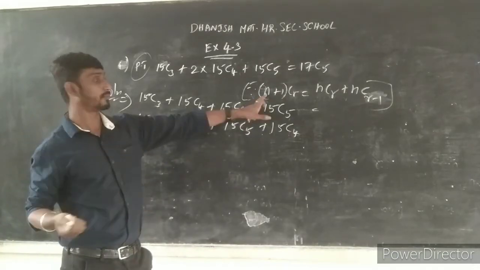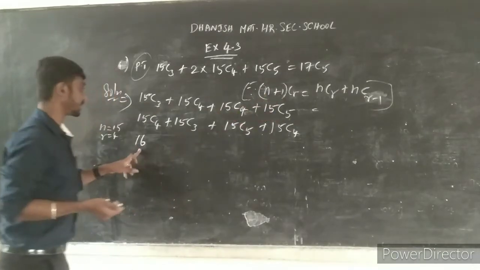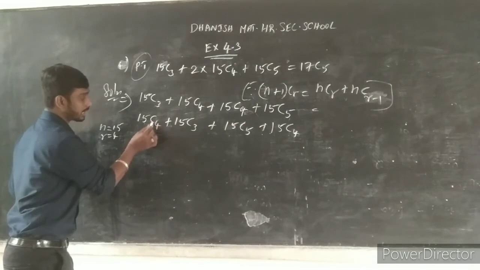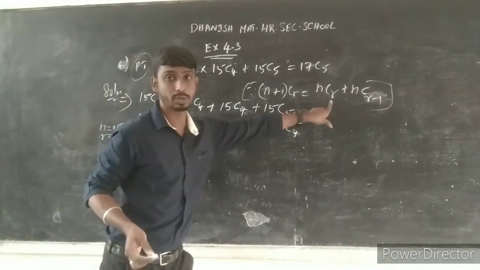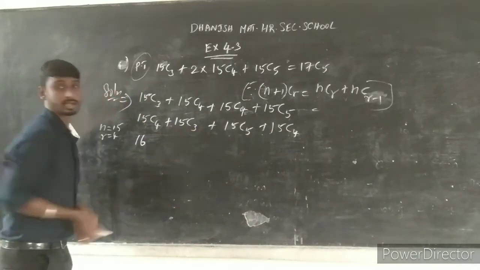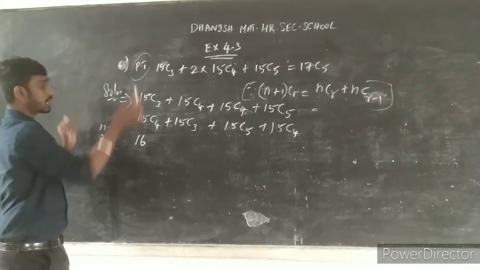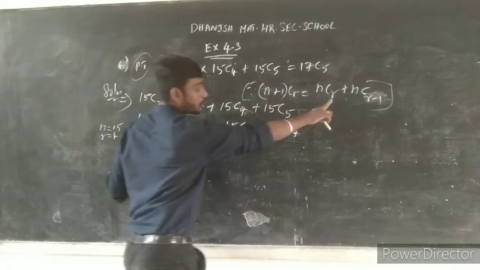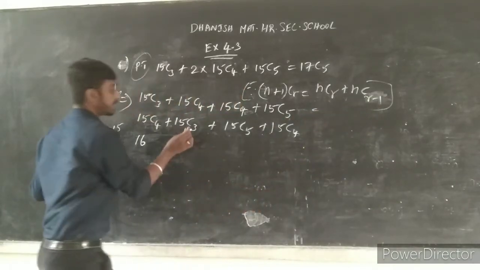The n value will be 15 plus 1, that is 16. The r value is 4, and 4 minus 1 gives 3 here. So understood, children?